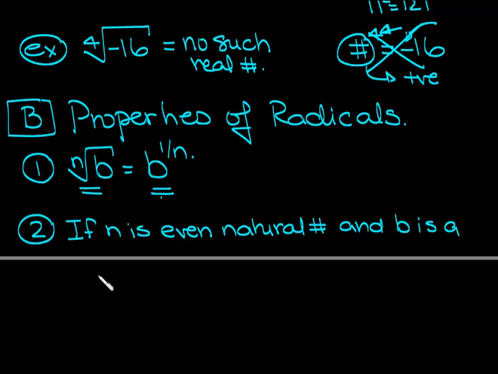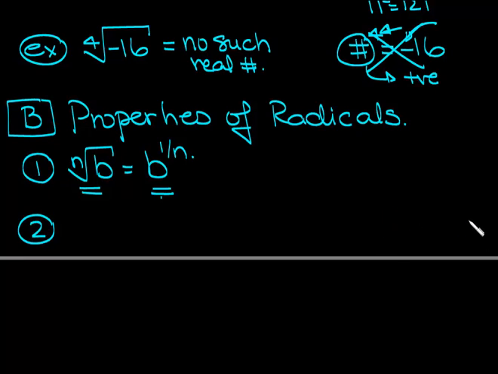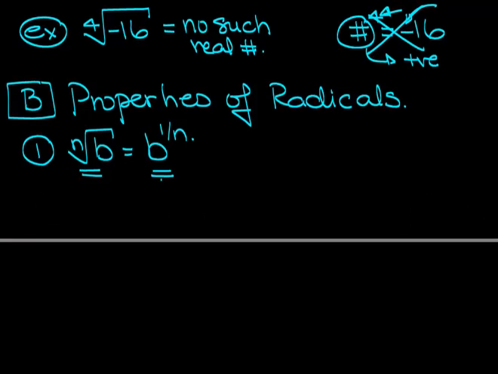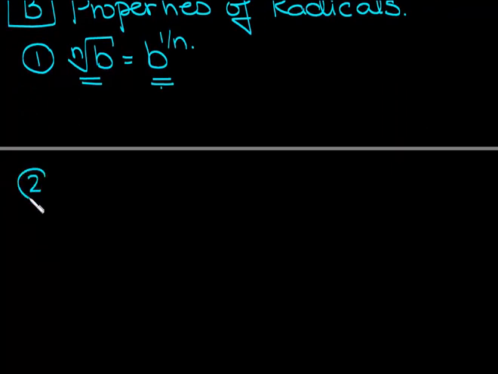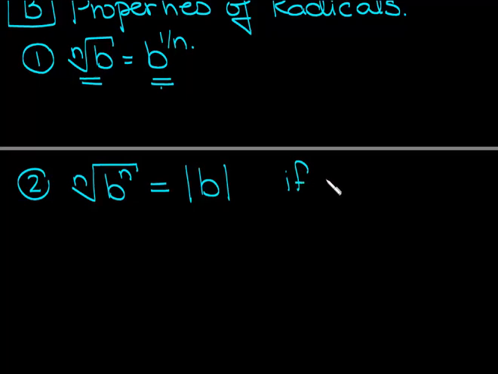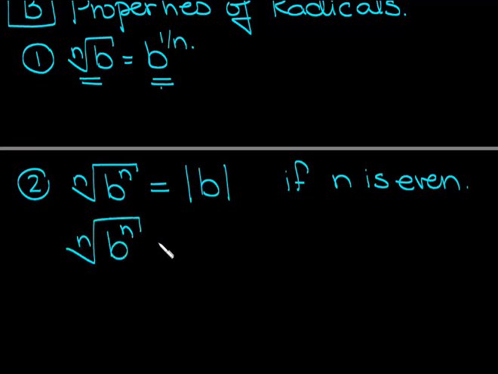Actually, let me write this a little bit more compact instead of being so tedious. We say that the nth root of b to the n is equal to the absolute value of b if n is even. On the other hand, the nth root of b to the n is equal to just b if n is odd.